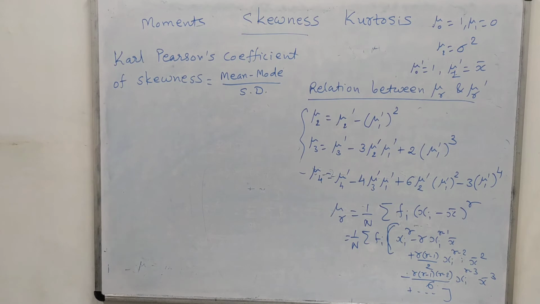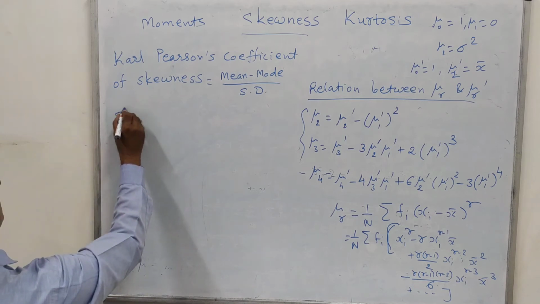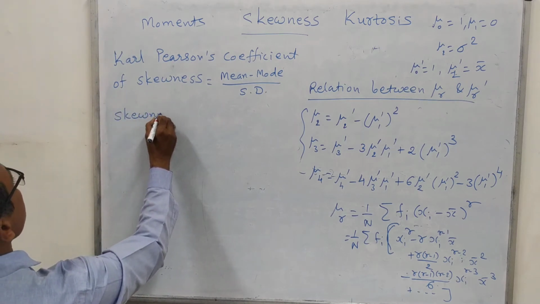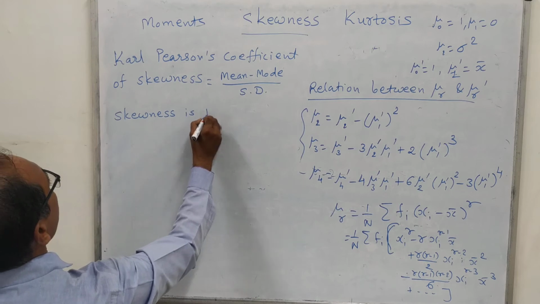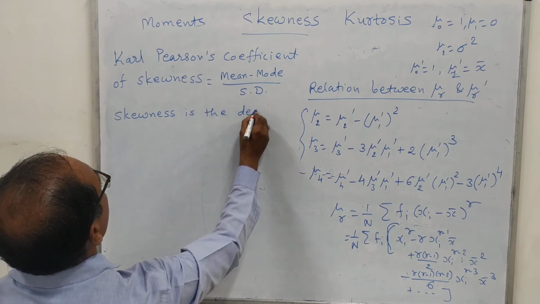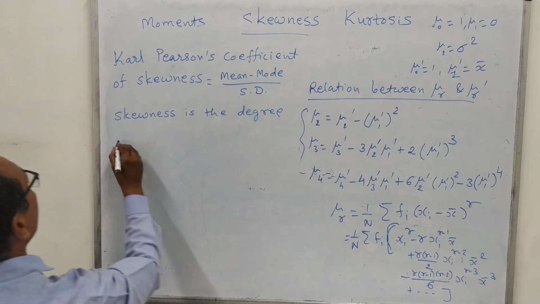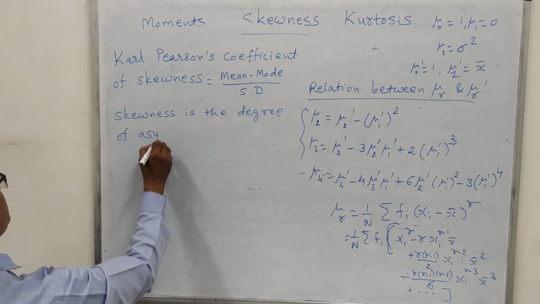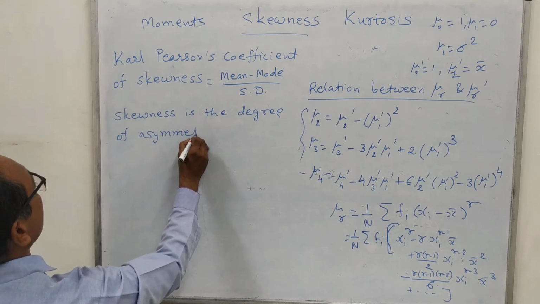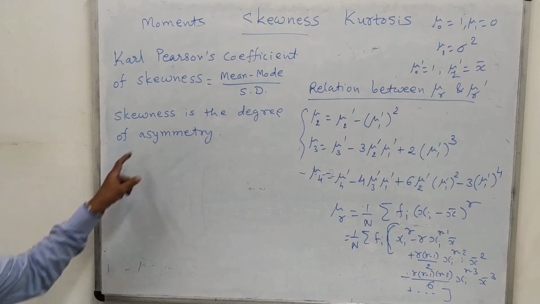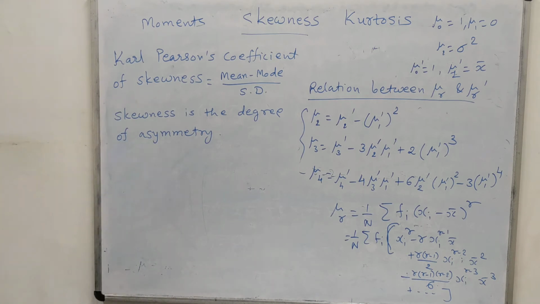So what is skewness? Skewness is the degree of asymmetry. Asymmetry means the curve is not symmetrical.